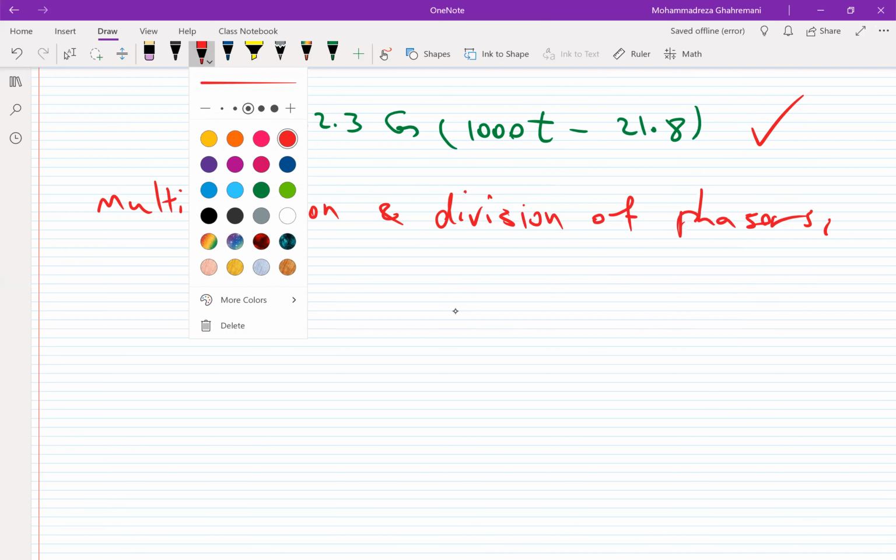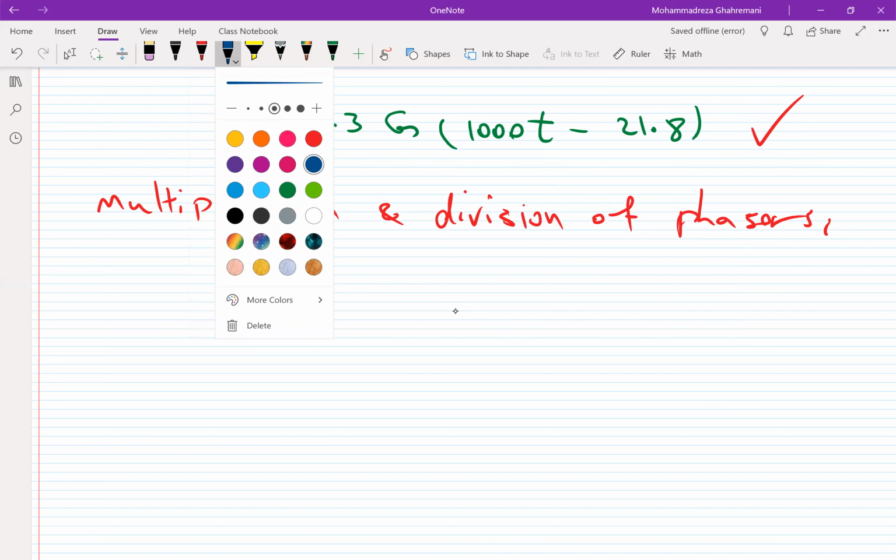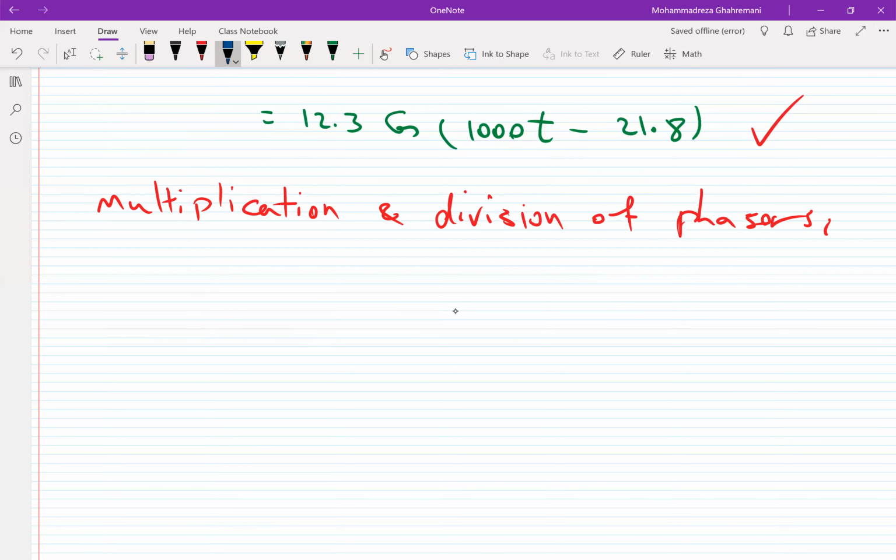So what steps are involved for multiplication and division of phasors? Part one, write the phasor in polar mode.